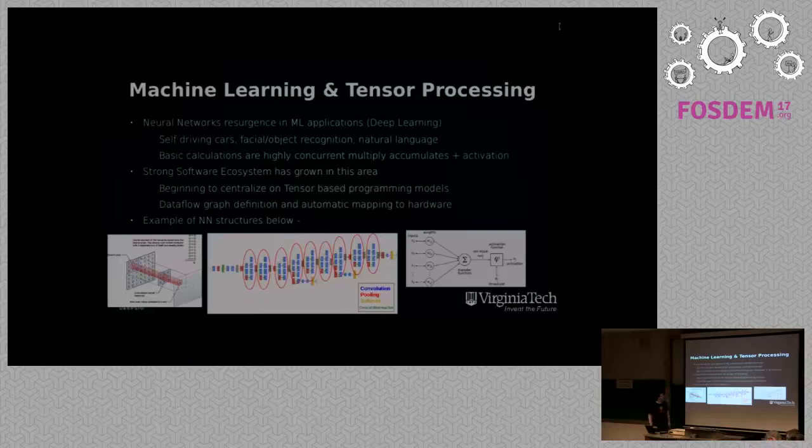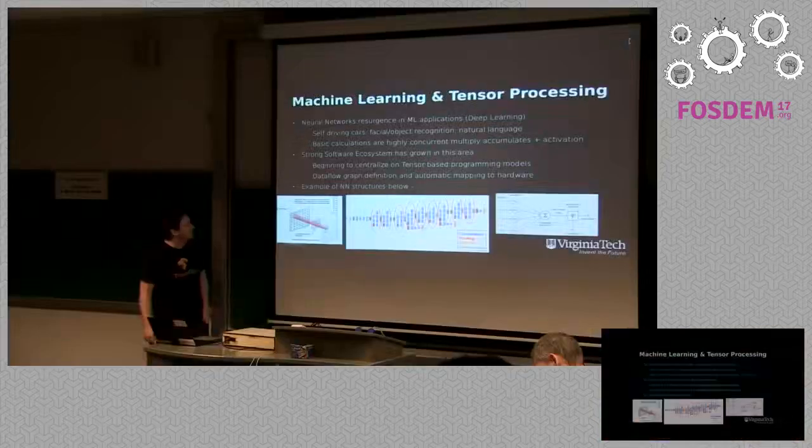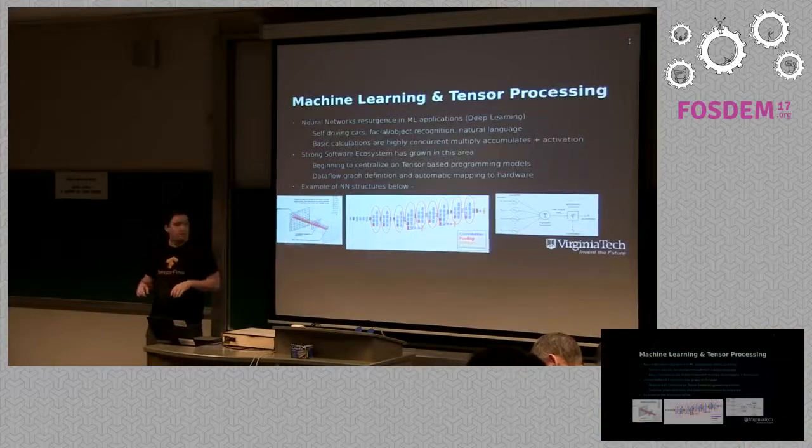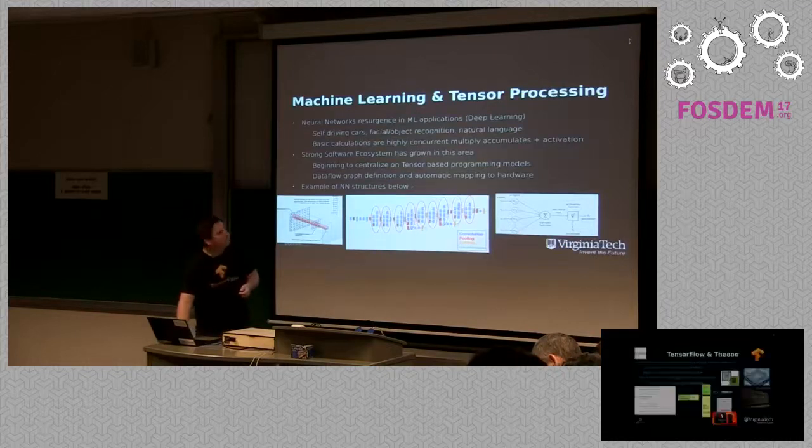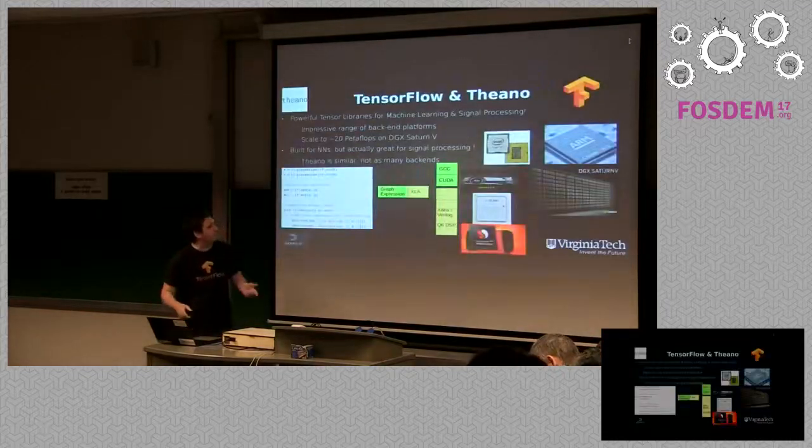And it's really starting to centralize around this tensor programming model. This is really interesting because you're building these big tensor graph expressions as a big abstract data flow representation, and then you map it down to hardware to run. Two of these architectures are Theano and TensorFlow.